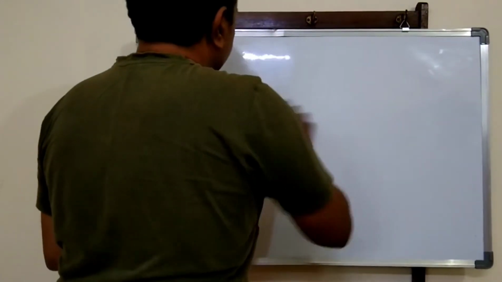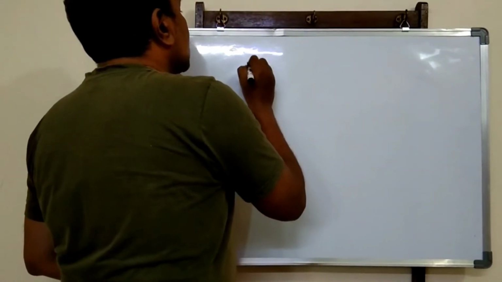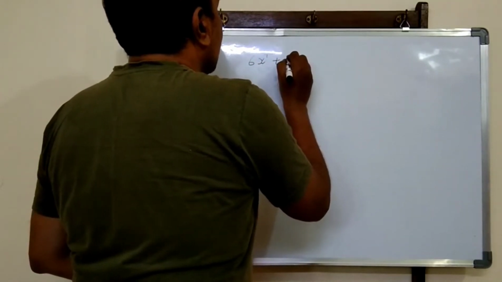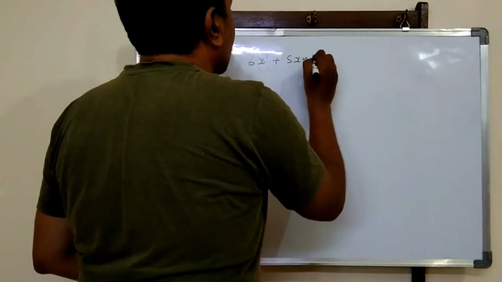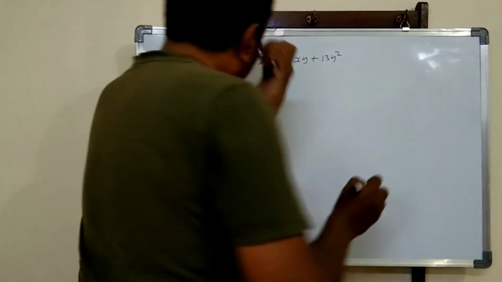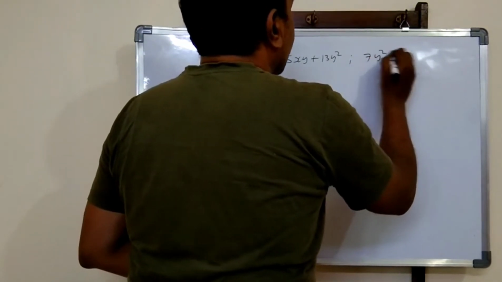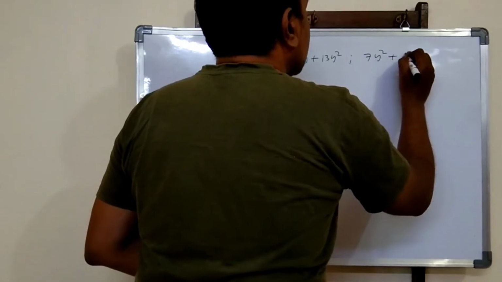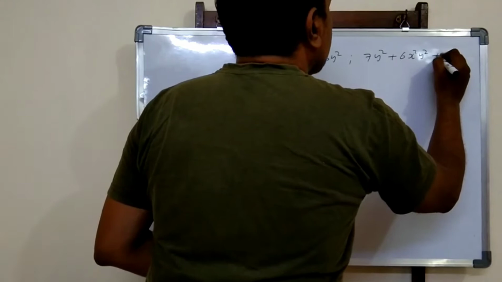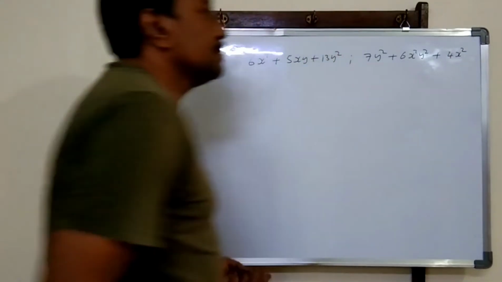I'll take one more example on this. 6x square plus 5xy plus 13y square, and another expression as 7y square plus 6x square y square plus 4x square, something like that.